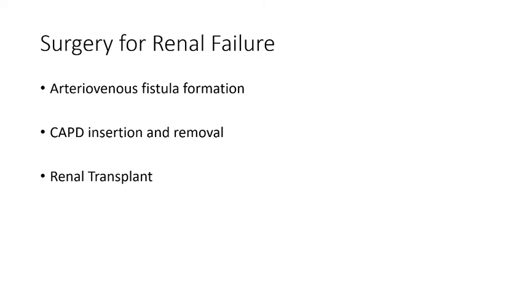So I talked about the type of surgery that these patients might come for. Mainly at Heartlands, we do a lot of fistula formation and CAPD, and the renal transplants are mainly done at Coventry and the Children's Hospital. It's actually a relatively straightforward procedure to anaesthetise for. There's usually quite a protocolized document on how to do it, what drugs they need at what time, because it's a fairly consistent operation between patients.